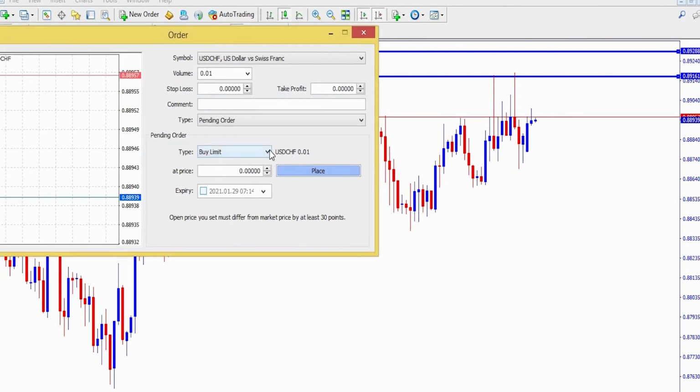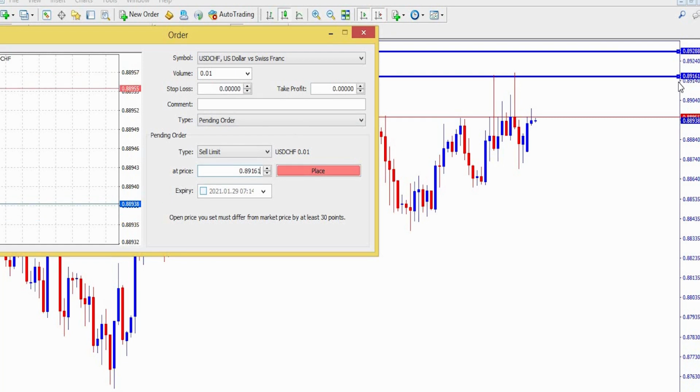So if price gets here and you're expecting it to fall, then that order is a sell limit. So I come here, change to sell limit, input the price at which I want to sell, which is 0.89161.